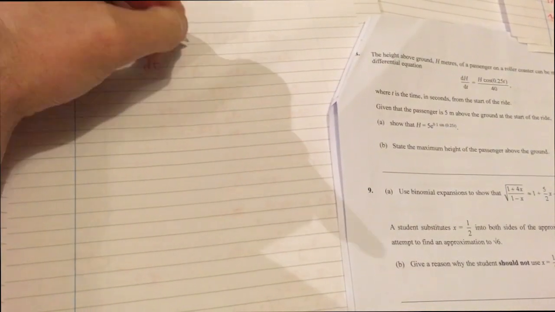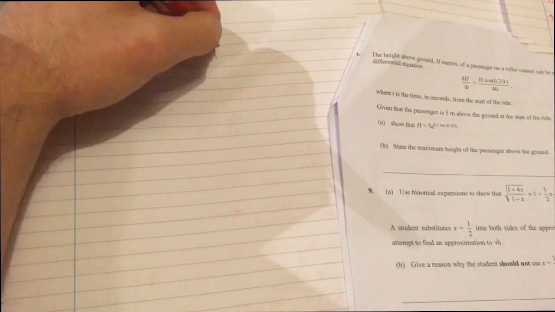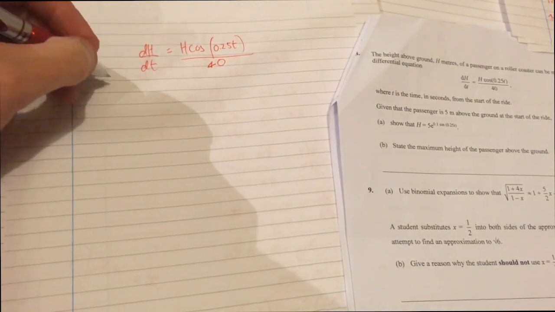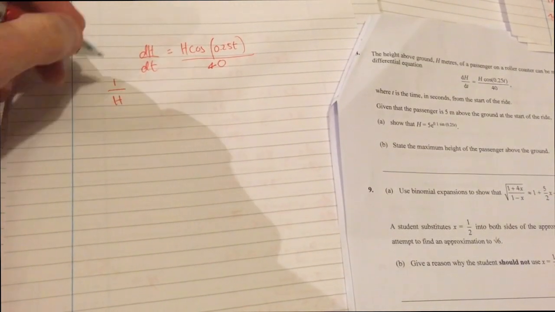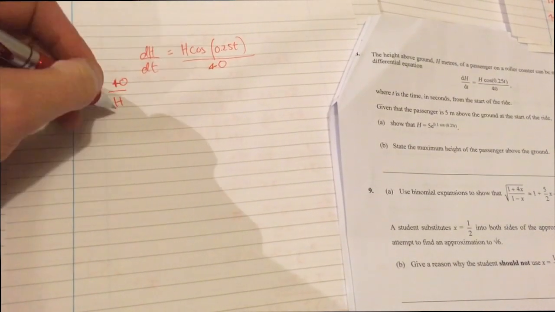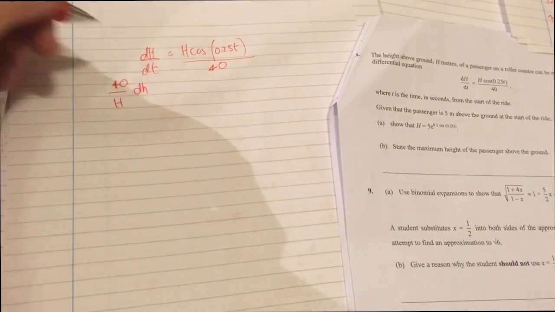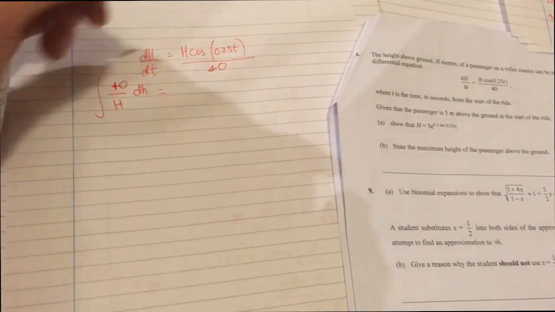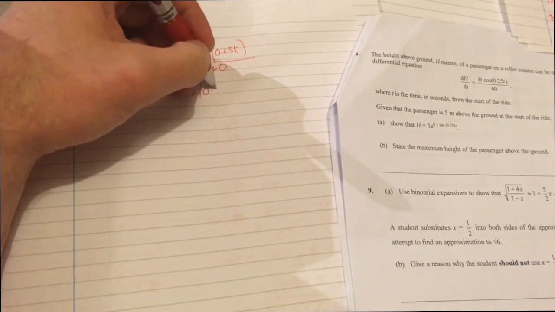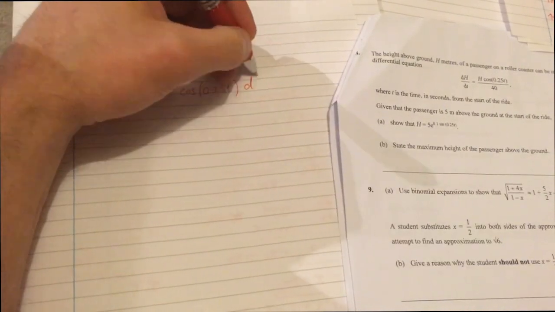So dh/dt is h cos(0.25t) over 40. So if I get all the h's over here, we're going to get 1 over h. I suppose we could times it by 40 as well to get 40 over h dh equals cosine of 0.25t dt.